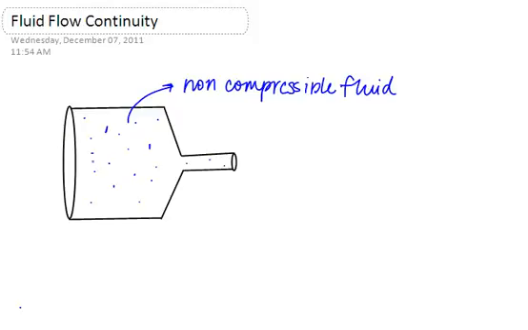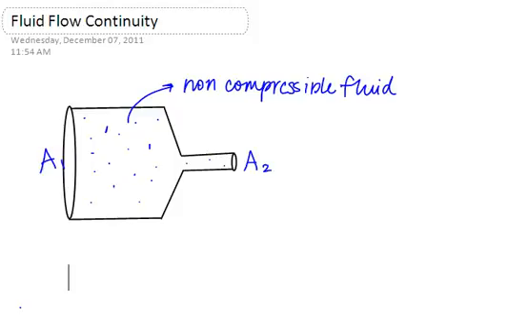When this fluid flows from the area of the container that is large, so I'm going to call this over here A1, to a smaller cross-sectional area A2, the volume of the fluid that flows from one point to another has to remain constant. That's sort of like a rule for non-compressible fluids.